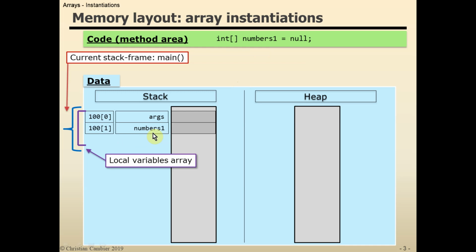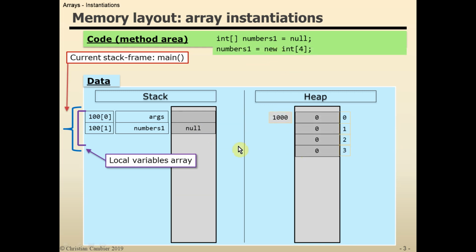Also, an array variable is by nature a reference variable, destined to hold the address of an object created on the heap. So you cannot assign a number or an integer to the variable. Numbers1 is for now assigned address null. Then the creation of the array at fictional address 1000.